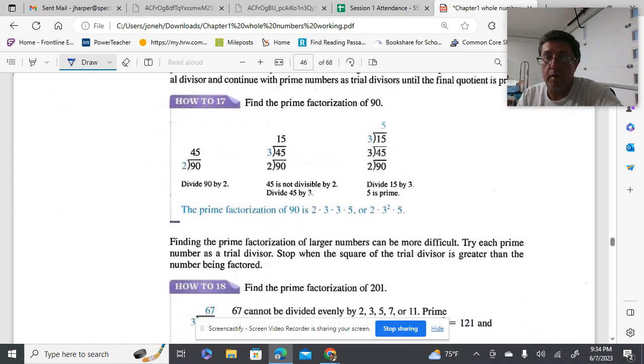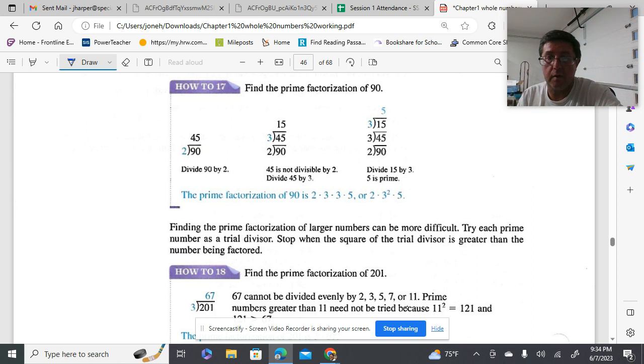So, how-tos. Again, it's showing you how to divide. So 2 into 90 is 45. You guys can memorize those if you want. 90 actually has a whole bunch of factors to it. You got 2 times 45.